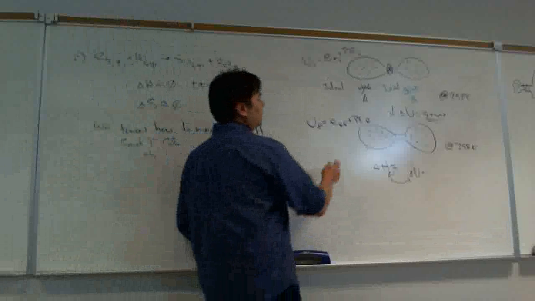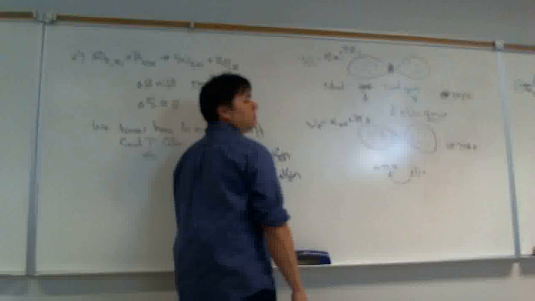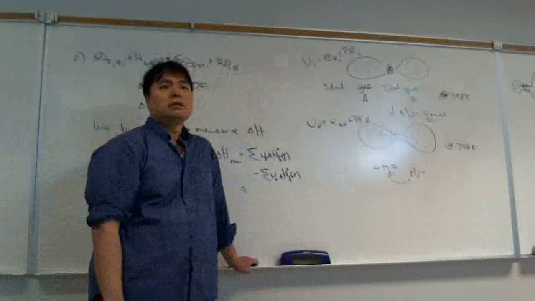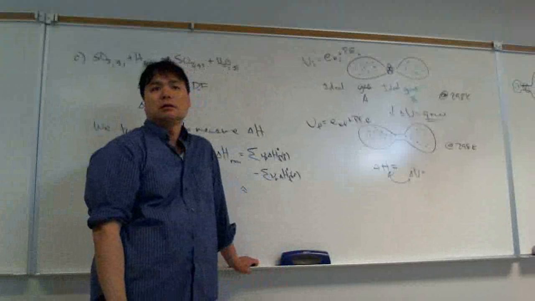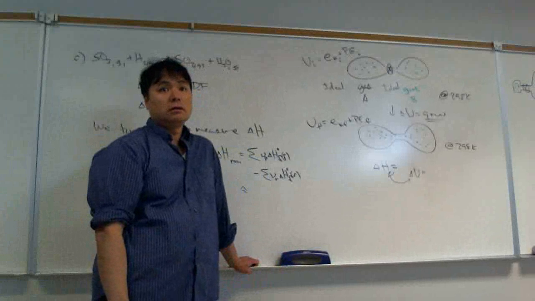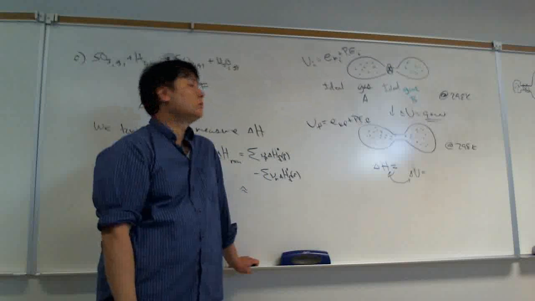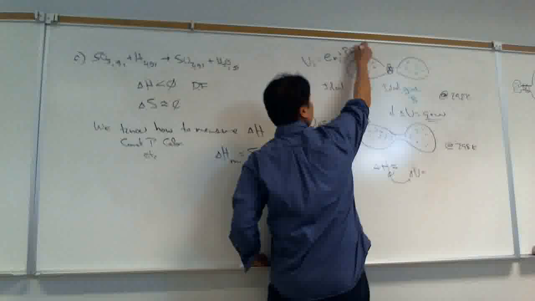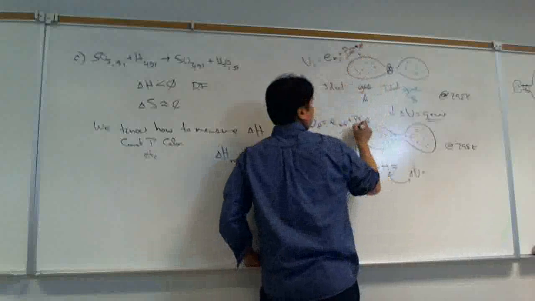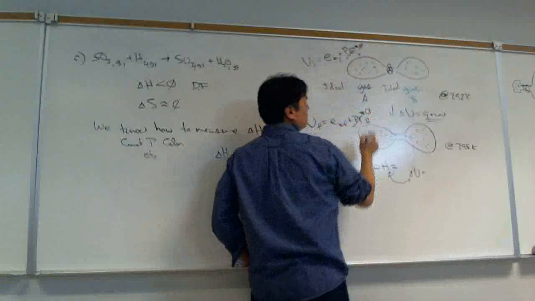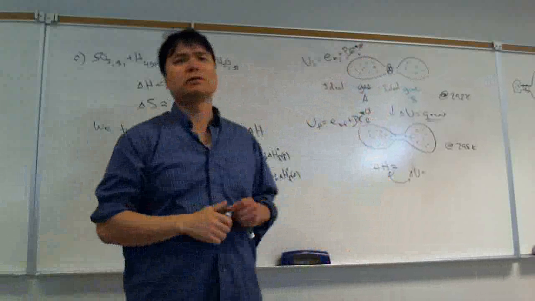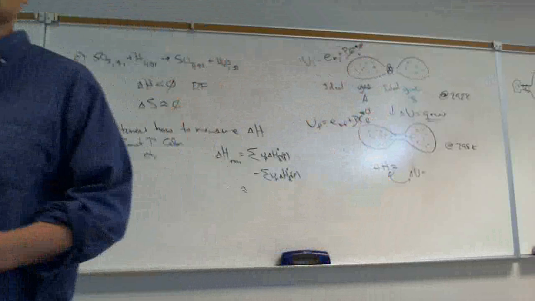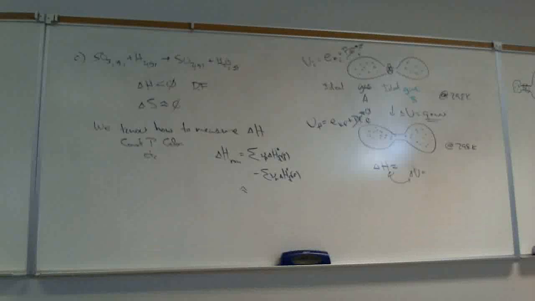But anyway, what do we know about the potential energy of ideal gases? Zero. Yeah, the potential energy for ideal gases is zero. They only have kinetic energy, so they only depend on temperature, because kinetic energy and temperature are directly proportional.